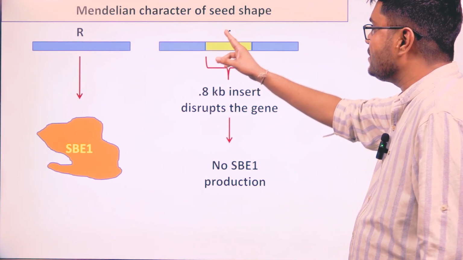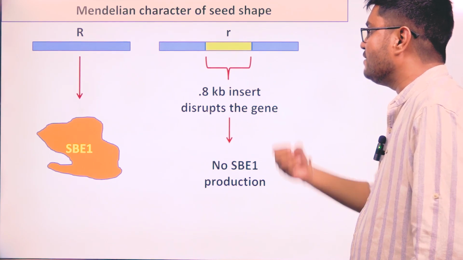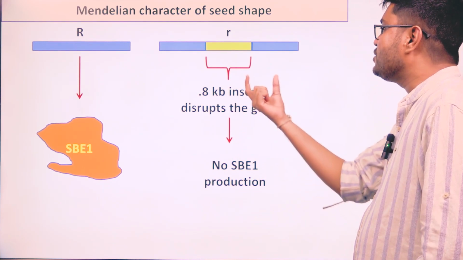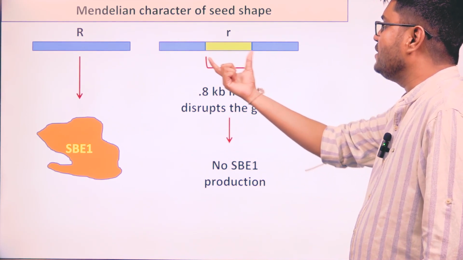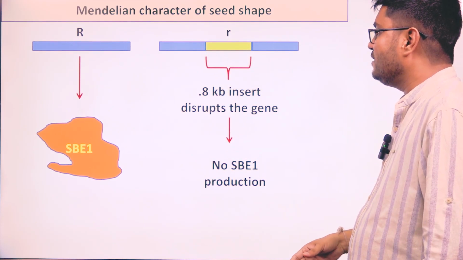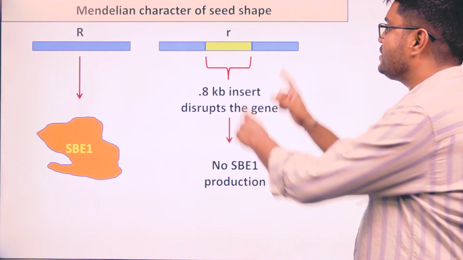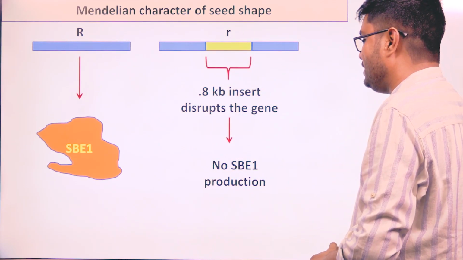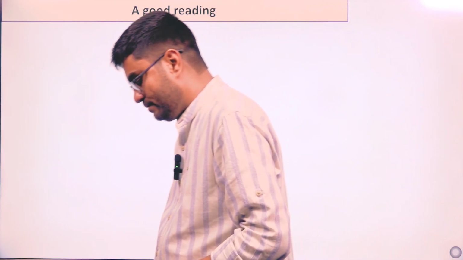But if I compare the small r, which is the recessive allele, it has an insertion mutation where in between the normal sequence of DNA there is an insert of 0.8 kilobase pair which is disrupting the sequence of the gene, and there is no starch branching enzyme 1 production.